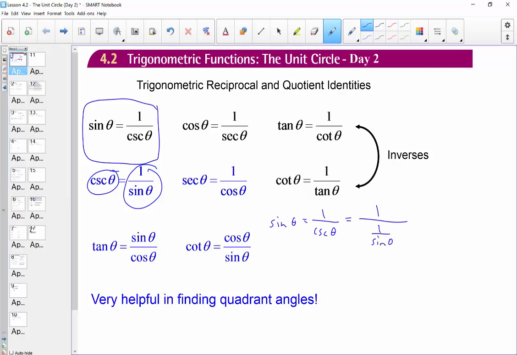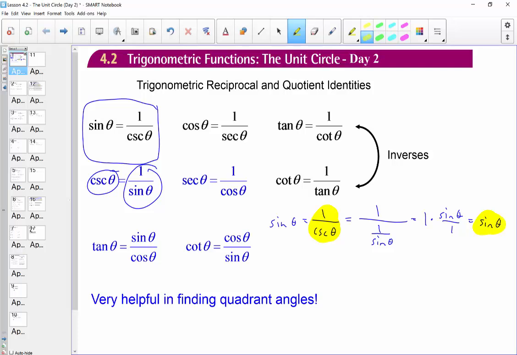Now we're dividing by a fraction, so we're going to multiply by the inverse of the denominator. So we'll take the numerator 1 times the inverse of the denominator, sine of theta over 1, and the result is the sine of theta. Therefore, we've shown that 1 over the cosecant of theta equals the sine of theta.